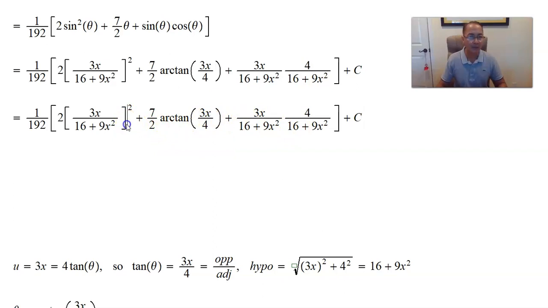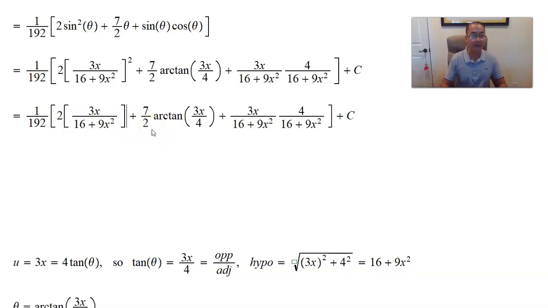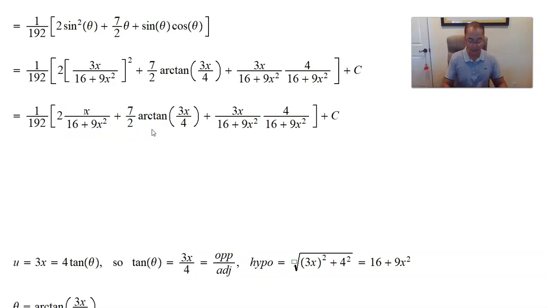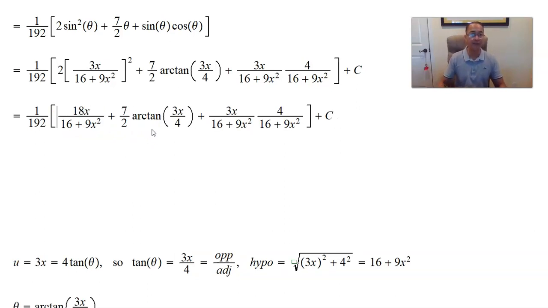So we're squaring the numerator and the denominator. We get 9x squared, but there's a 2. So that's 18x squared. I'm going to erase the square. That should be 18x squared, and we got the 2 accounted for. One more time. 3x quantity squared, 9x squared times 2. We get 18x squared. Isn't it a good idea to review your work?